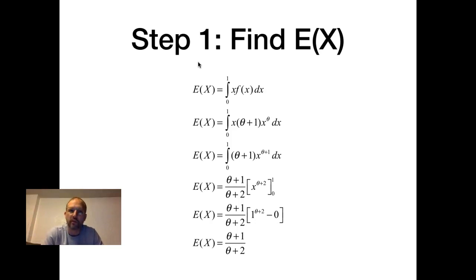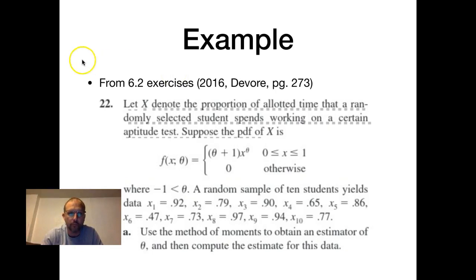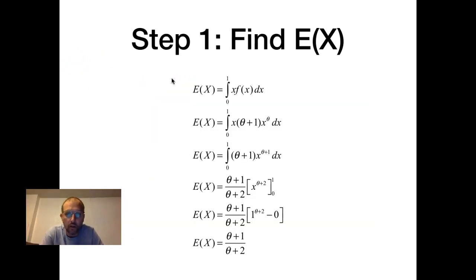When we do this, we still have to find the expected value. We're going to use the definition of expected value, which is the integral from whatever numbers we're between, of x times f of x dx. I use 0 to 1 because the function is from 0 to 1. Substitute in theta plus 1 times x to the theta for f of x and simplify that.